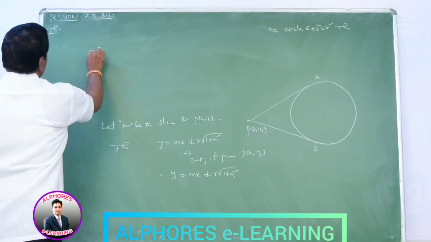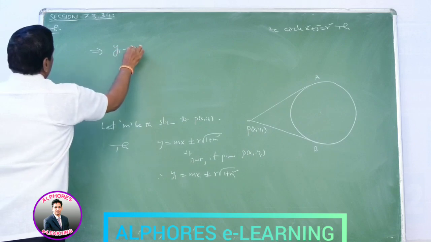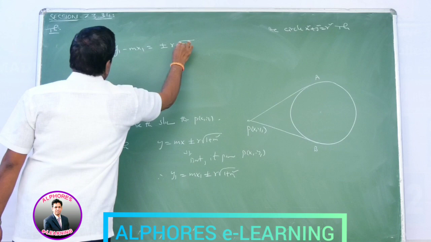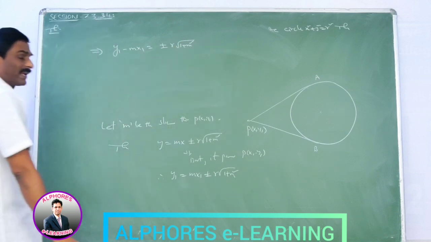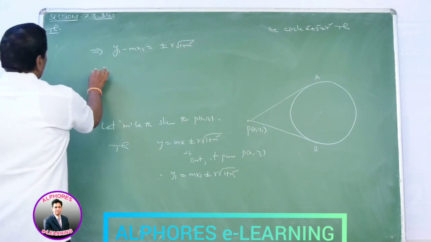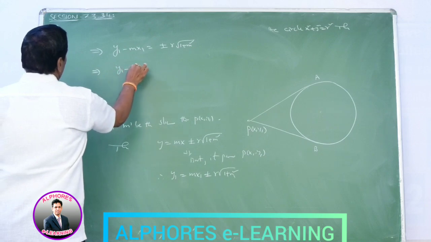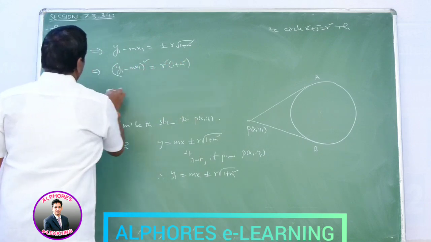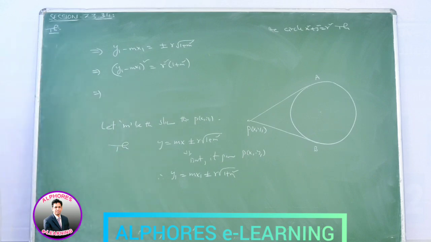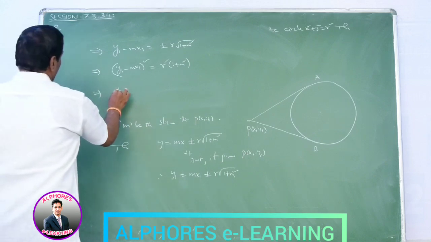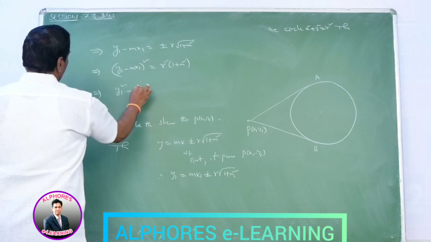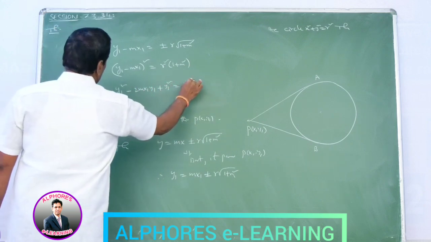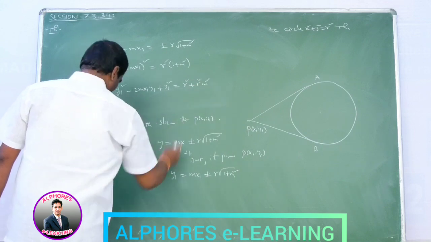That implies y1 minus mx1 is equal to plus or minus r into root of 1 plus m square. By squaring on both sides we get (y1 minus mx1) whole square is equal to r square of (1 plus m square). (a minus b) whole square means a square plus b square minus 2ab. That means y1 square minus 2mx1y1 plus m square x1 square is equal to r square plus r square m square.